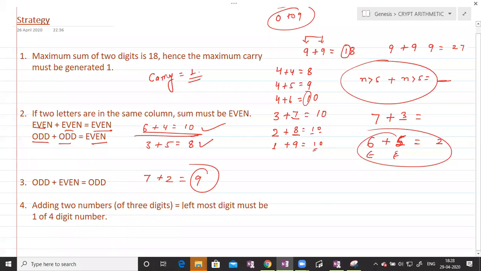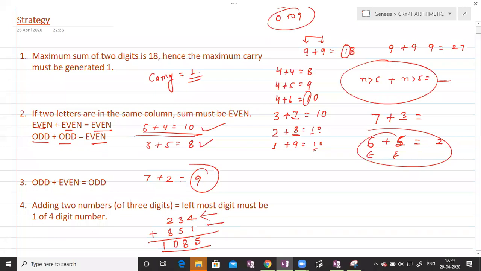Adding two numbers, the leftmost digit must be 1. What is the meaning of this? Look at this. Let's say I'm adding 234 plus 851. 4 plus 1 is 5, 3 plus 5 is 8, 8 plus 2 is 10. Do you see the difference here?